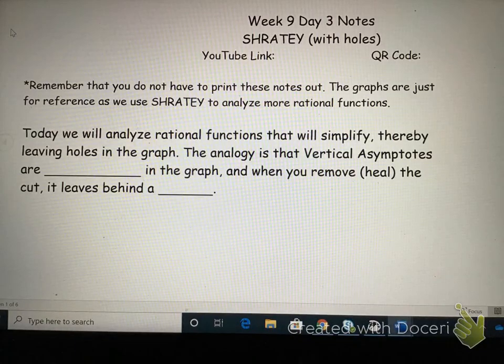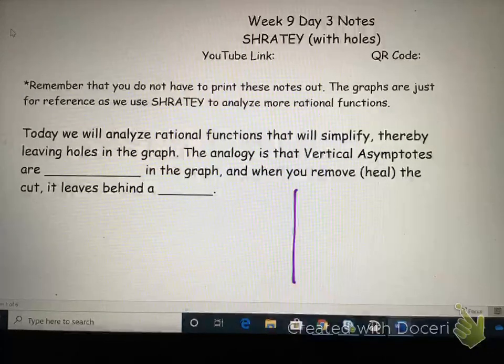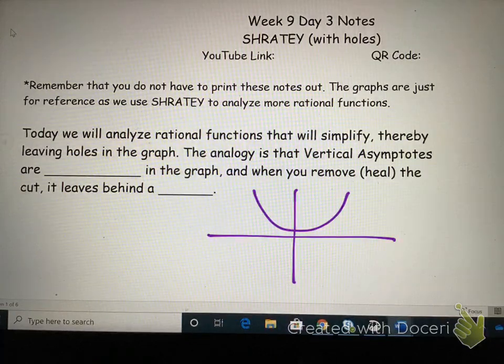The analogy that I usually make to my classes about having holes in the graph and why they behave the way that they do is this: if I gave you a normal graph, and I placed a vertical asymptote in that graph, right here, what it's going to do is take my graph and literally cut it apart.